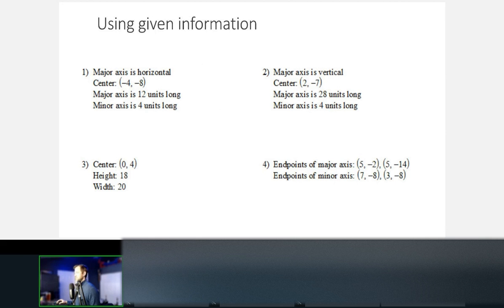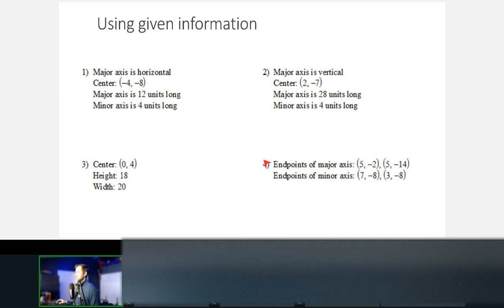All right, so here are the first 4 problems, and you're given some information. And some of these problems, the information they give you just makes it really easy to create the equation. And sometimes, like maybe number 4, if you're just given endpoints, maybe it's not as clear.